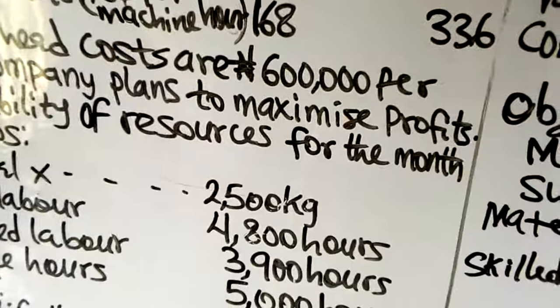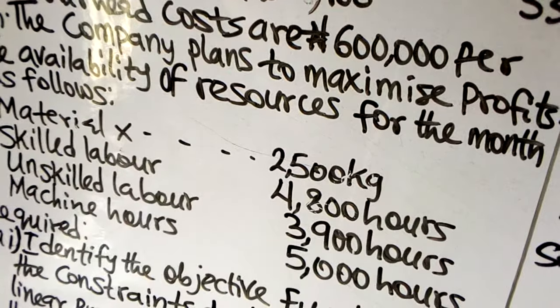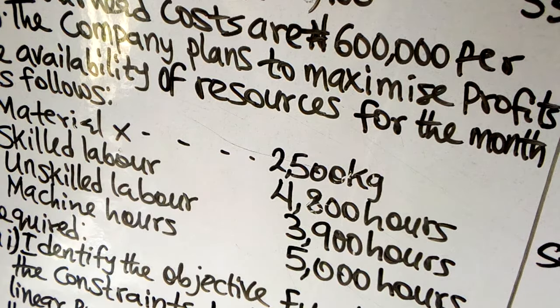Then the third constraint is unskilled labor.